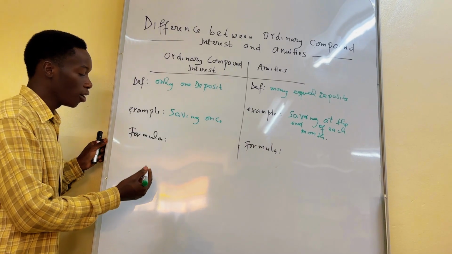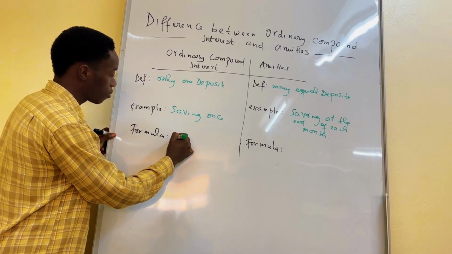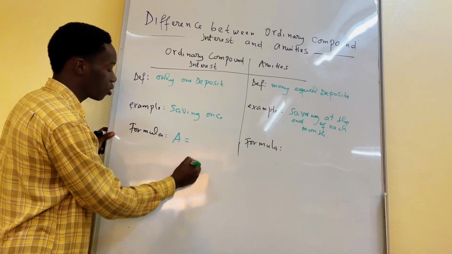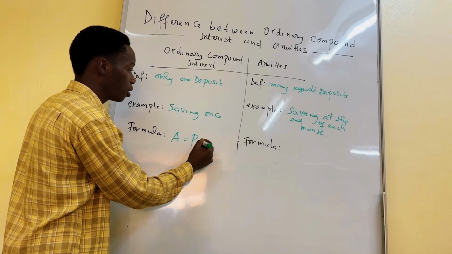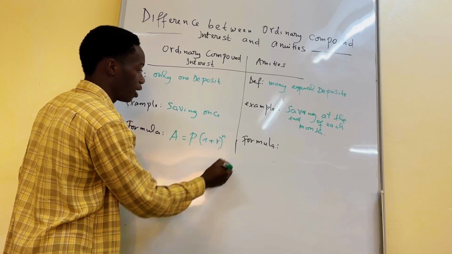For ordinary compound interest, we use the simple formula all of us know, which is A equal to P times (1 plus R) power N.